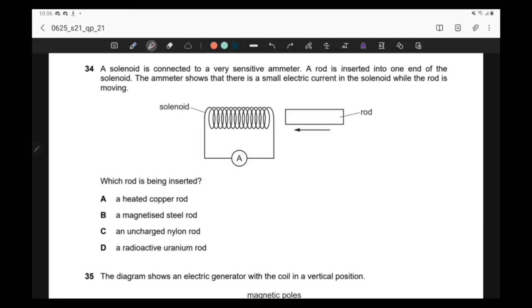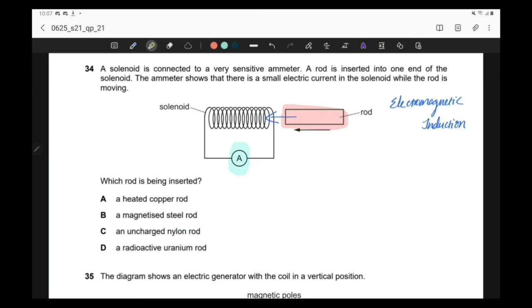Actually, when the rod is inserted into this solenoid, in order to have a reading on the ammeter, there must be a current produced. That means there must be an induced EMF generated while the rod is inserting. So this is an example of electromagnetic induction.